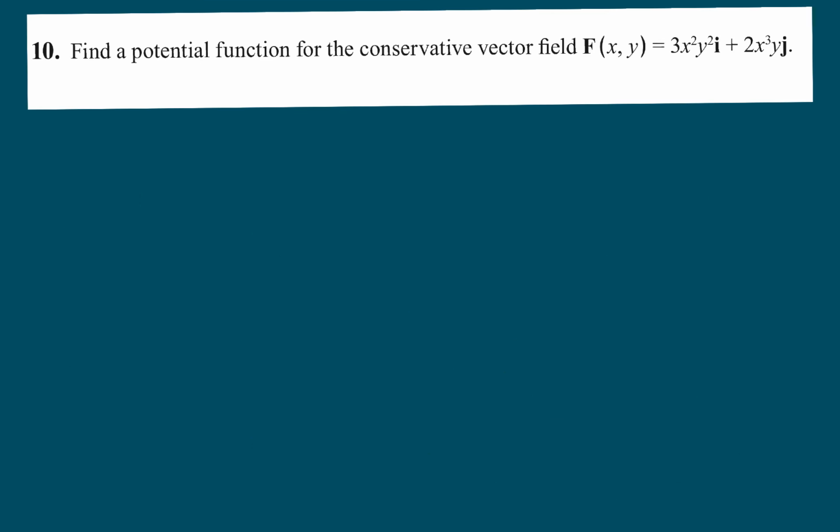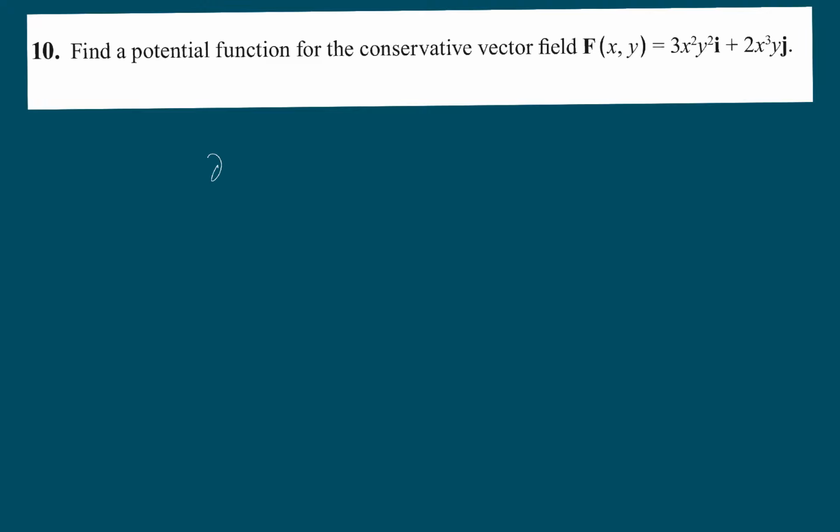The next problem says, find a potential function for the conservative field 3x squared y squared i plus 2x cubed y j. So we do the same thing, but now we do it very, very fast.